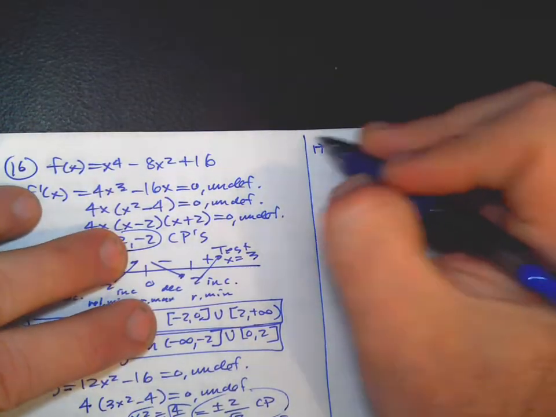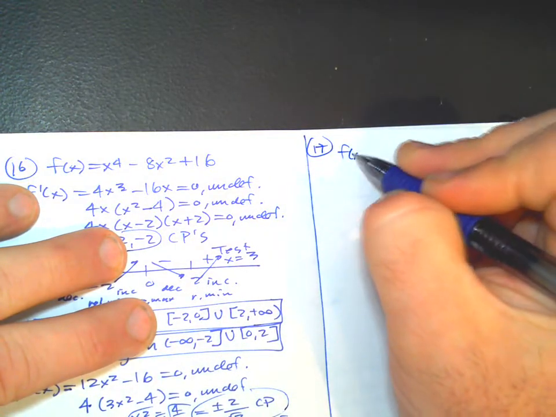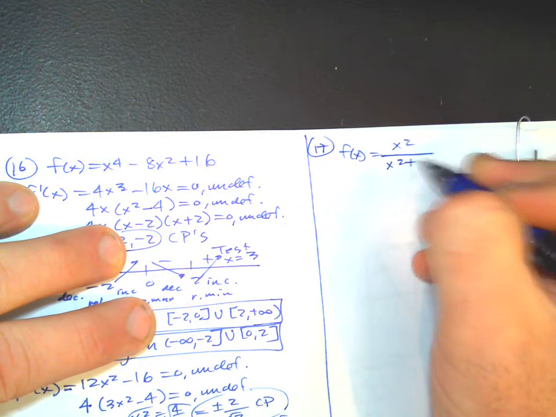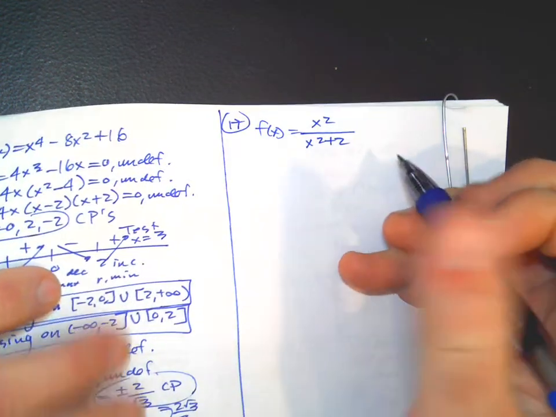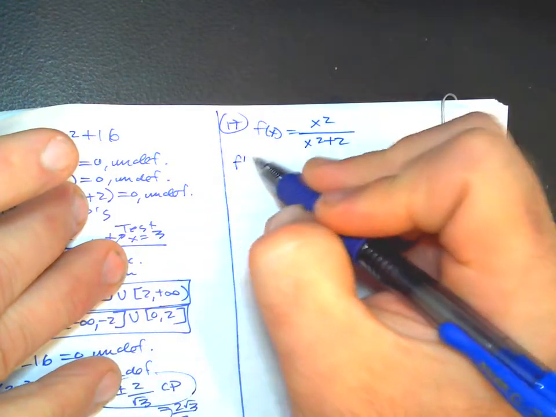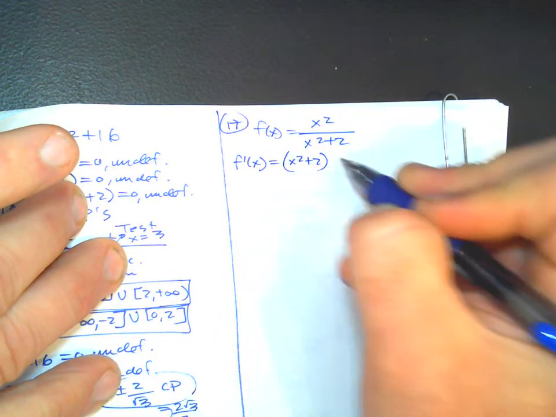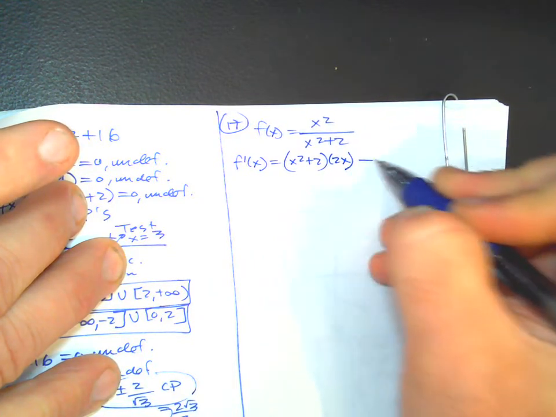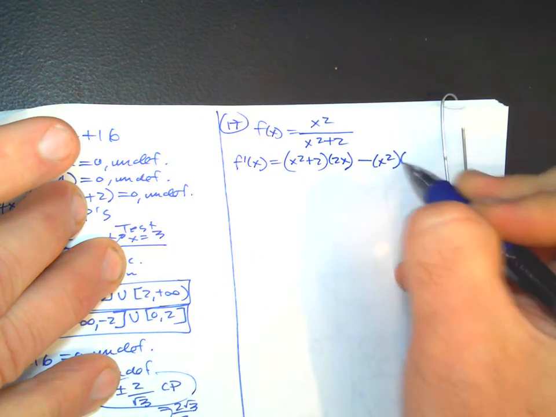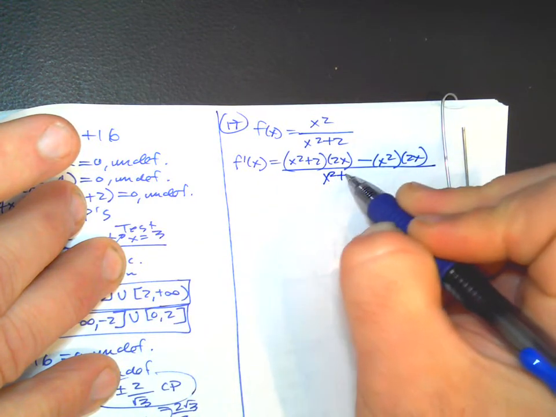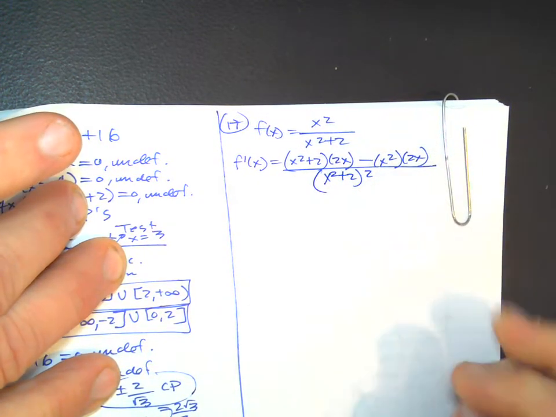Okay, 17, similar problem. f of x equals x squared over x squared plus 1. We need to do the first derivative. This is going to be low d high minus high d low all over low squared.